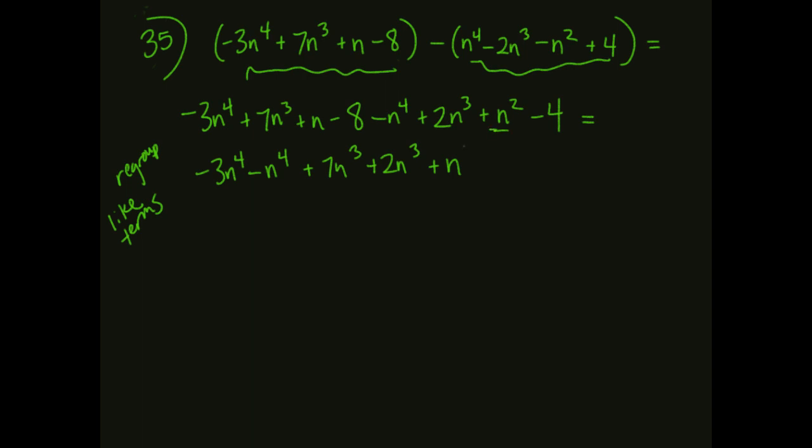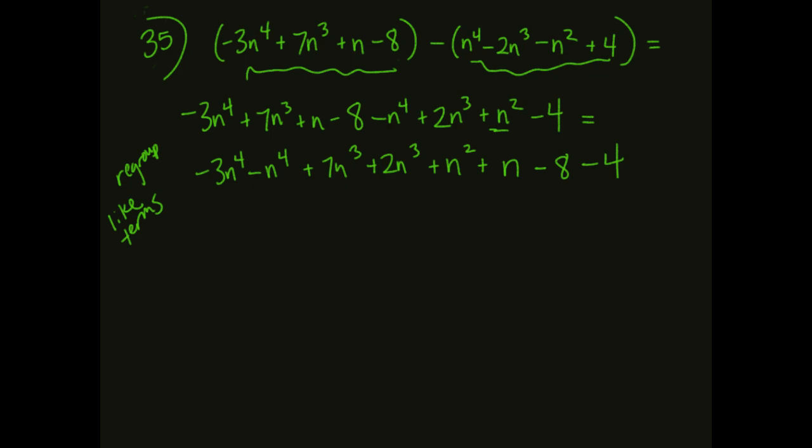So I'm going to do the n squared first. Notice that there isn't an n squared in this one. And there's a plus n, and there's a minus 8 minus 4. Notice I went into standard form already. It's just a habit. I go from highest degree to the lowest degree.